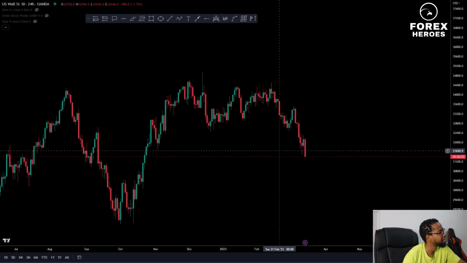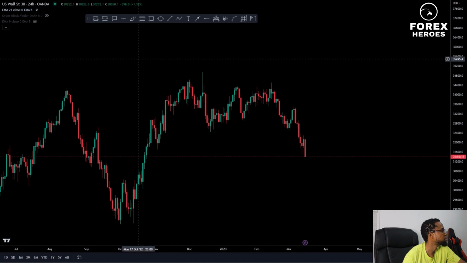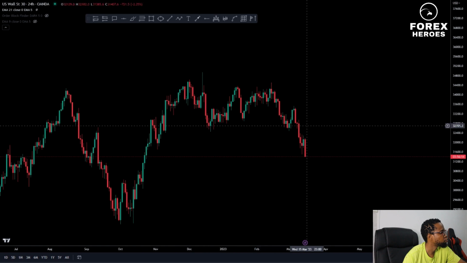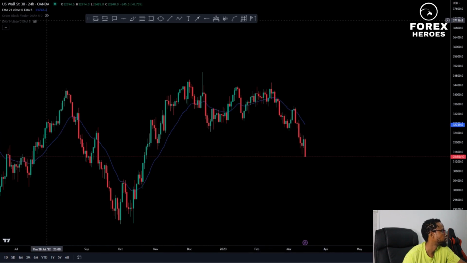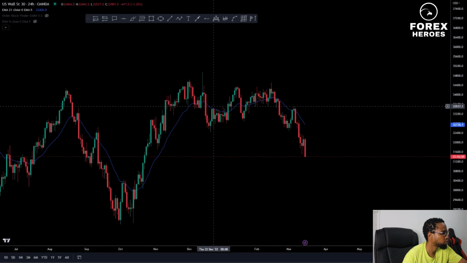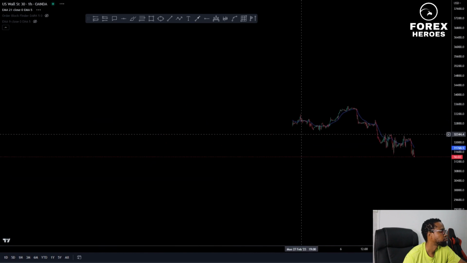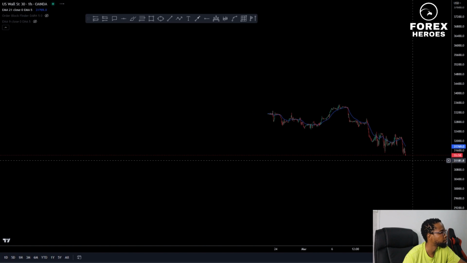On daily, you can see clearly that the market is strong to the downside, and I can use this 21 exponential moving average just to give you an indication. You see it's still pointing down. And let's go to 1 hour. You see it's still pointing down, but you can see here it tried to push, but it failed.